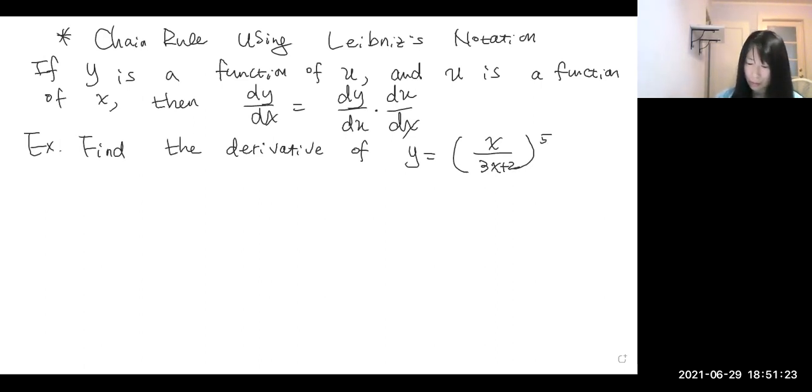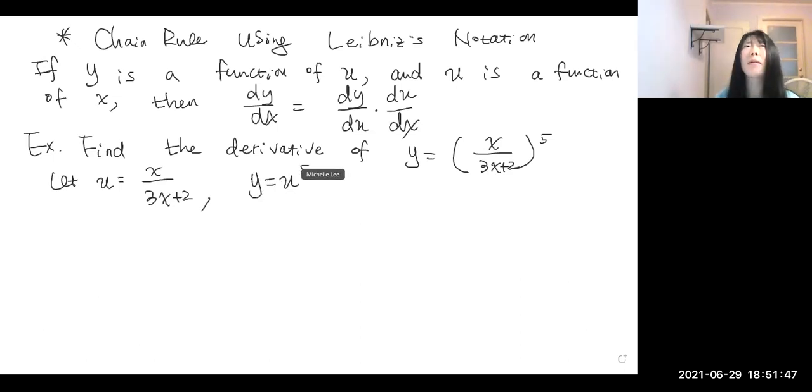So like this, let u equal to whatever is inside. So inside is x over 3x plus 2. Since u equals whatever is inside, which is x over 3x plus 2, we can say that y equals u to the 5th power. Make sense?